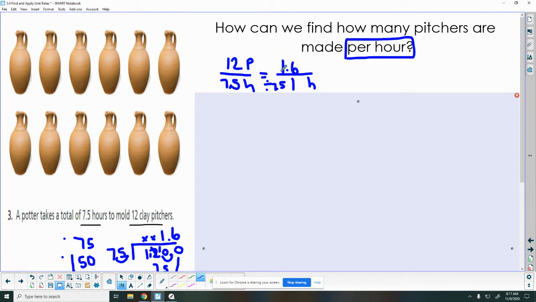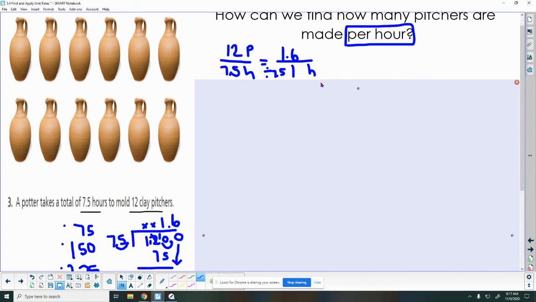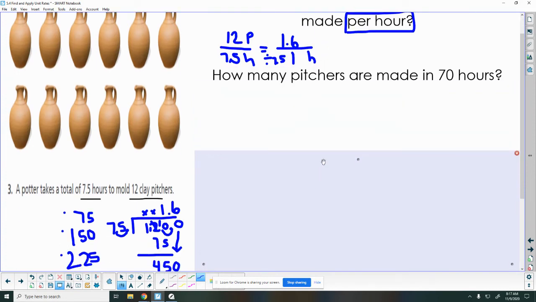So I know she's doing a little bit more than 1 per hour. She can't do 2 because I know 2 times 7 is 14 and she doesn't make 14. So it's got to be less than 2, more than 1, 1.6 every hour. So now we're going to use that information to answer some other questions.